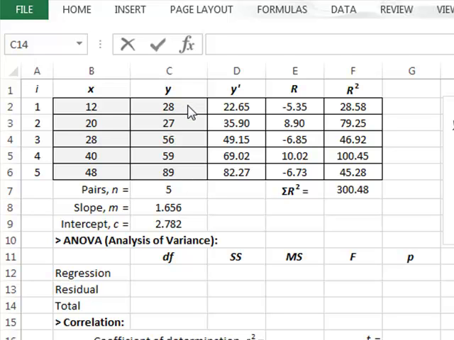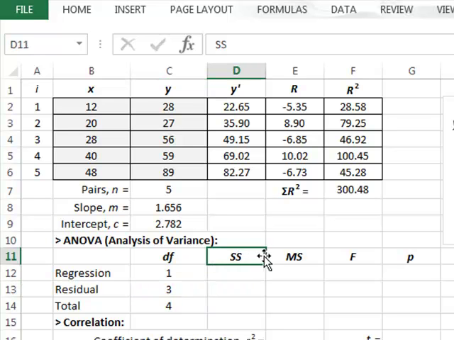For sample data, one piece of information is used in calculating mean values, leaving, in this case, 5 minus 1, or 4 pieces of information, 4 degrees of freedom, for analysing the variability within the data. 1 degree of freedom is then used for regression, leaving 3 degrees of freedom related to the uncertainty given by the residuals in the data.